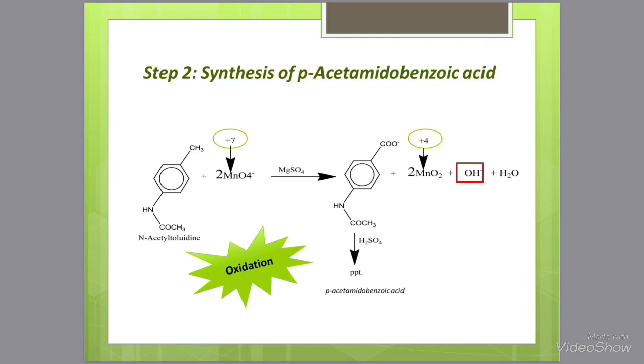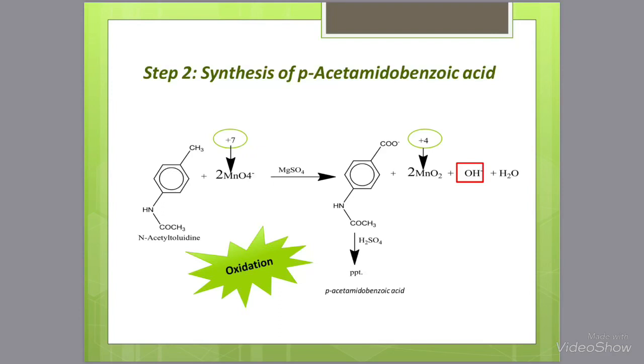Now, let's go for the second step, which is the synthesis of p-acetamidobenzoic acid. In this step, we will start with the p-acetotoluidide and end up with the p-acetamidobenzoic acid. This step is the oxidation step.